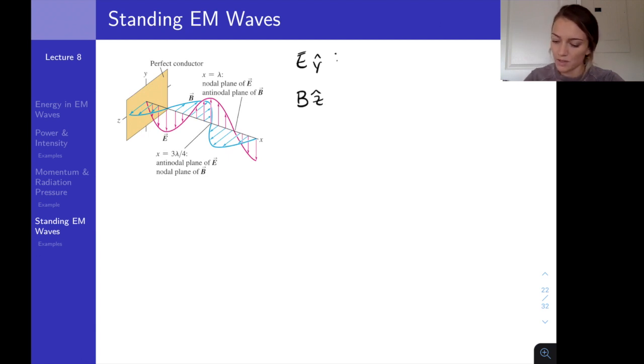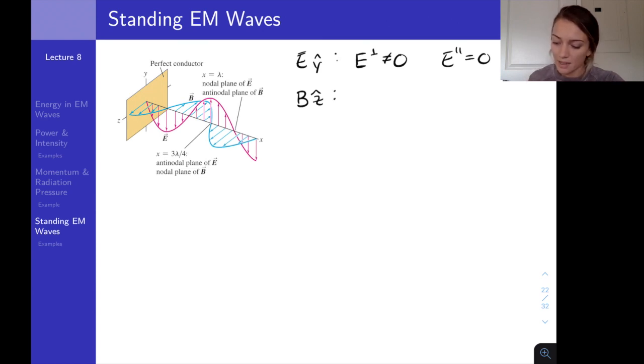So for an electric field, the perpendicular component at a conductor is going to be non-zero, but the parallel components will be 0. And we can see here that our electric field is in the y direction, which is parallel to the surface of the conductor. So our electric field has no component in the y direction because of the way that electric fields interact with conductors.